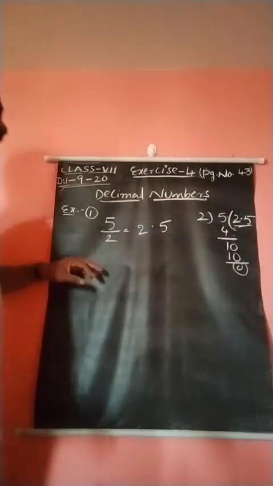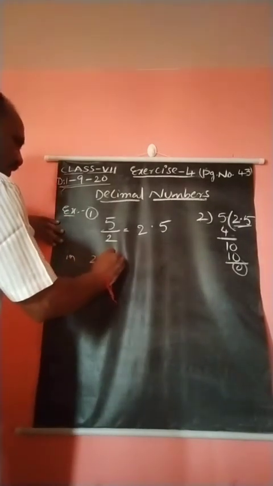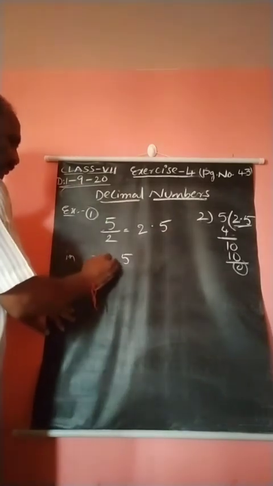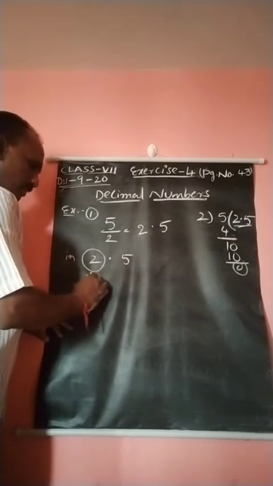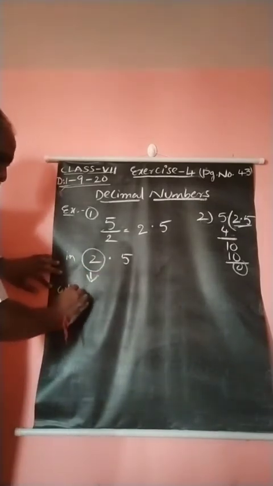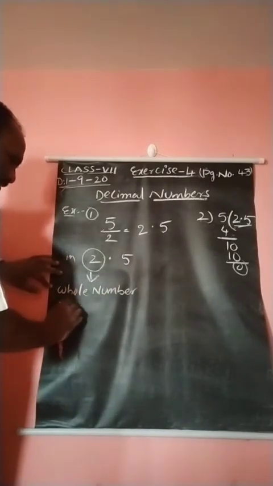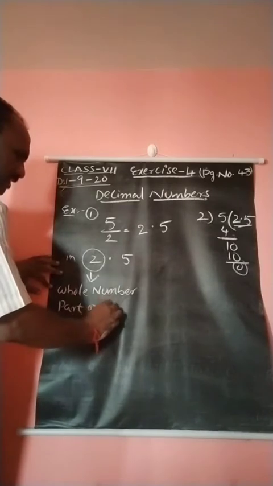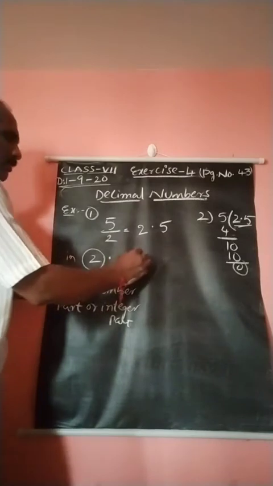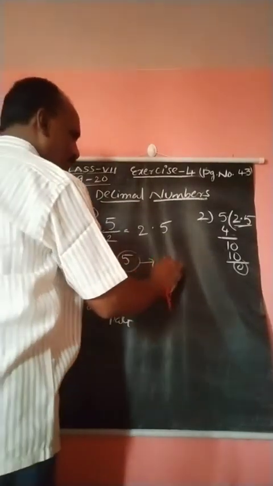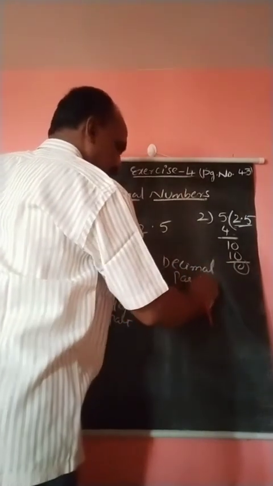Look at 2.5. The 2 before the point is called the whole number part or integer part. After the point is called the decimal part.